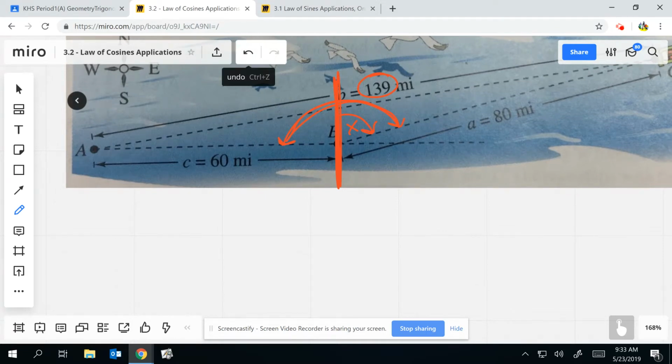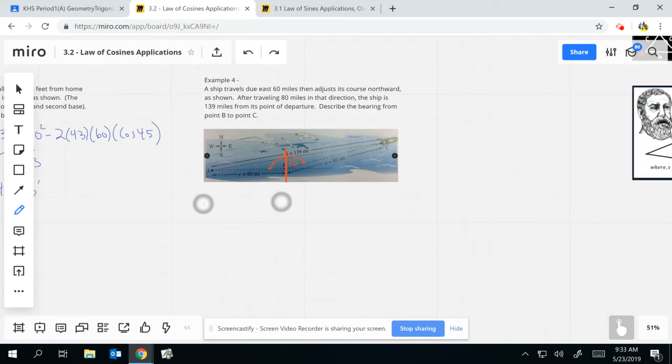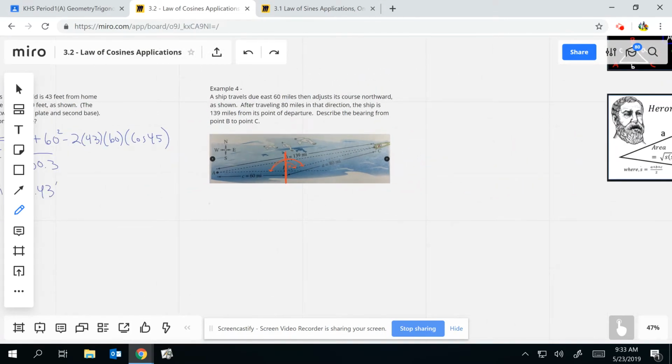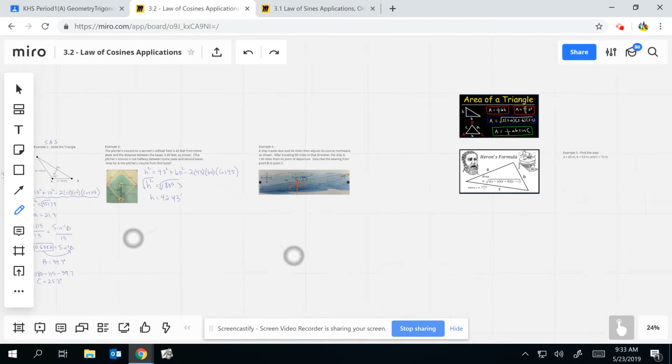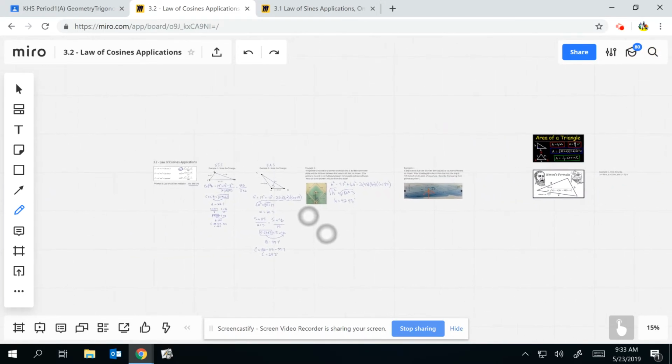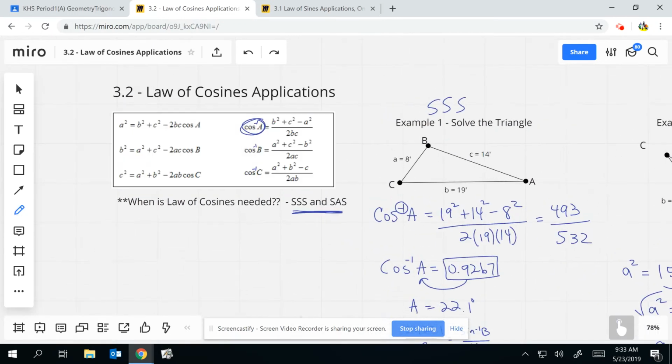That's going to be where B is. If you remember this little chart I gave you, we're looking for angle B, so we're going to use this formula right here: A squared plus C squared minus B squared over 2AC.